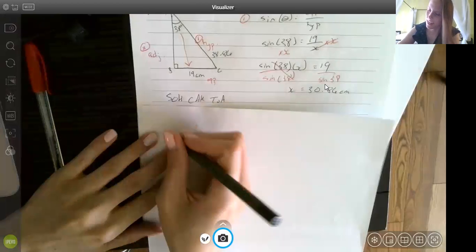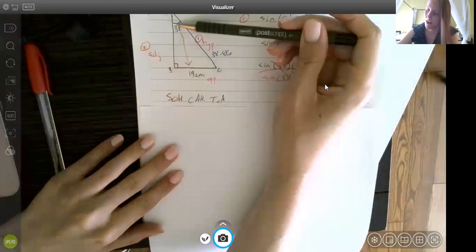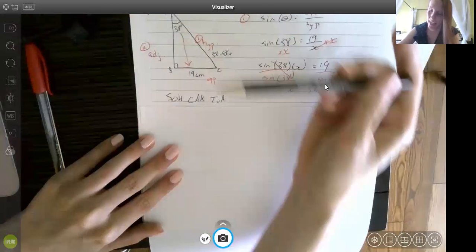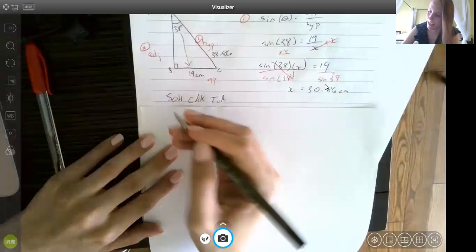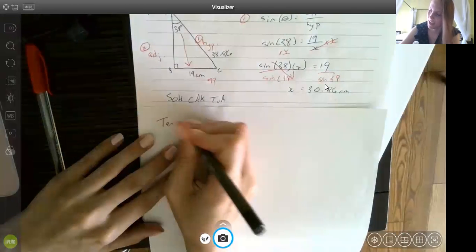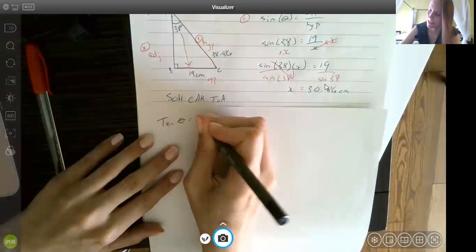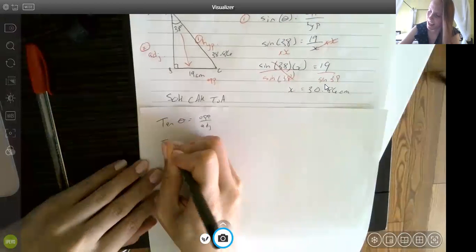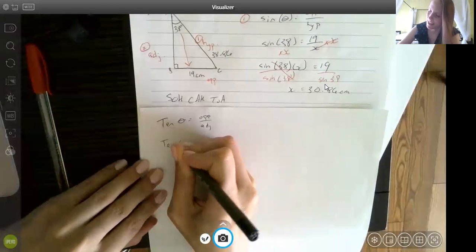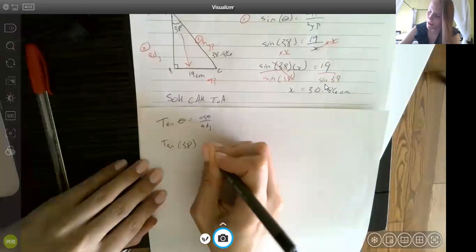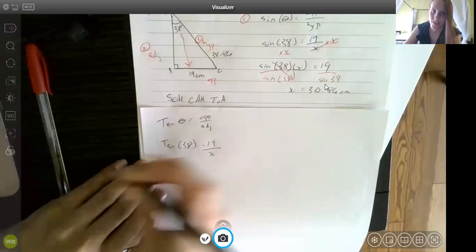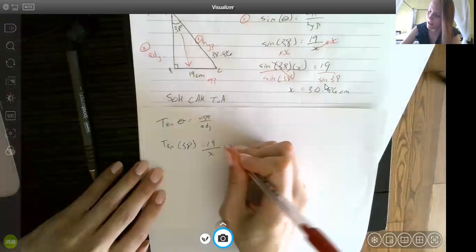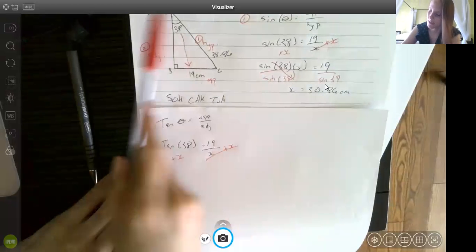Okay, so this time, because I have the opposite and I'm looking for the adjacent side, I'm going to be using tan. So the tan of my angle is opposite over adjacent. So that is the tan of 38 is 19 over x. And then just like on the previous example, we multiply by x on both sides.